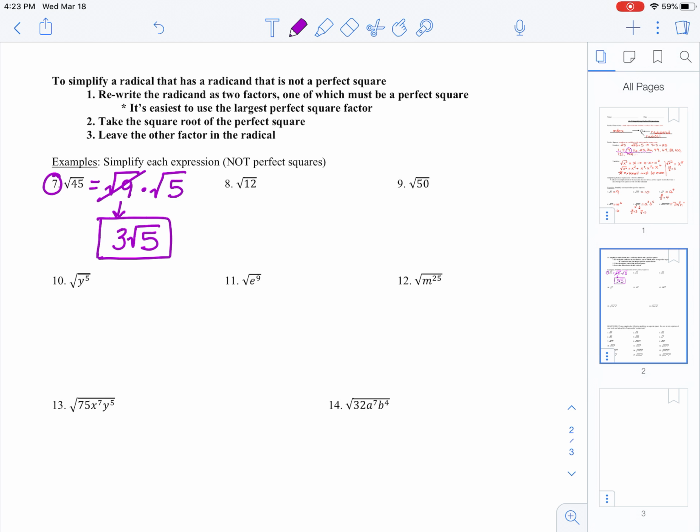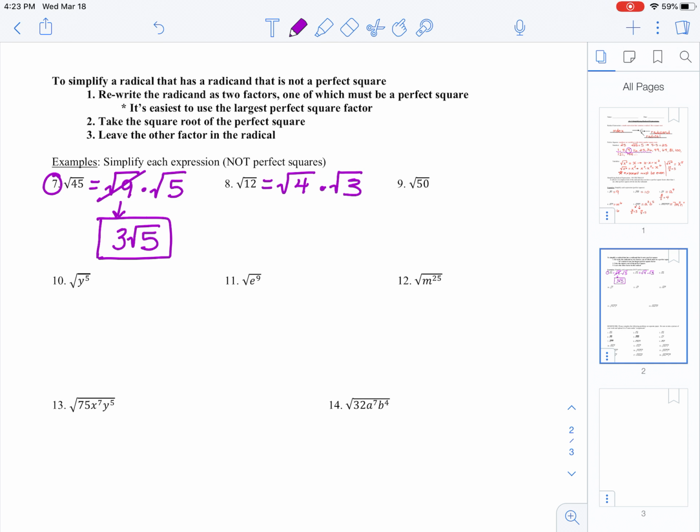Okay, let's try that again for question number 8. The square root of 12. 12 is not a perfect square, so I'm going to try to break it down into a perfect square times a number. In my list of perfect squares, I could try 9; it does not divide evenly into 12. Then the next one I would try is 4. 4 does go into 12. So I'm going to rewrite the square root of 12 as the square root of 4 times the square root of 3.